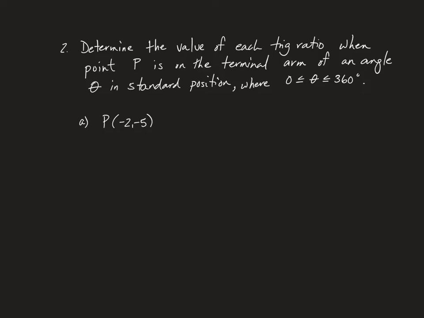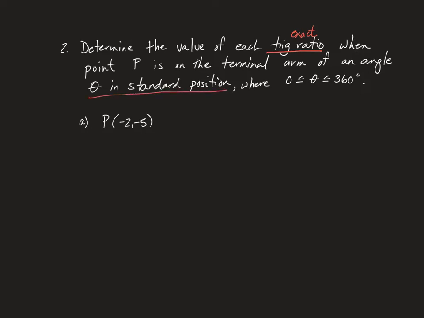And so if it doesn't state approximate, then we need to know that that means we need to come up with the exact value. So I need the exact value of a trig ratio. Secondly, we have point P is on a terminal arm if theta is in standard position.